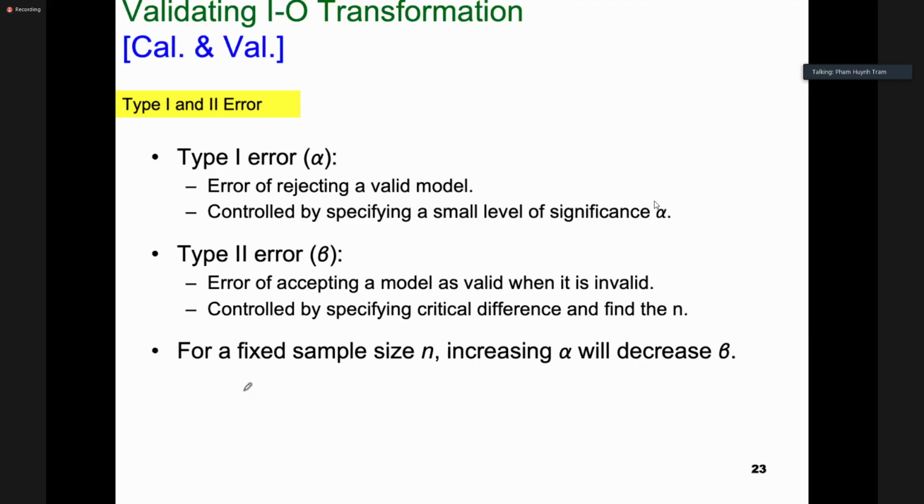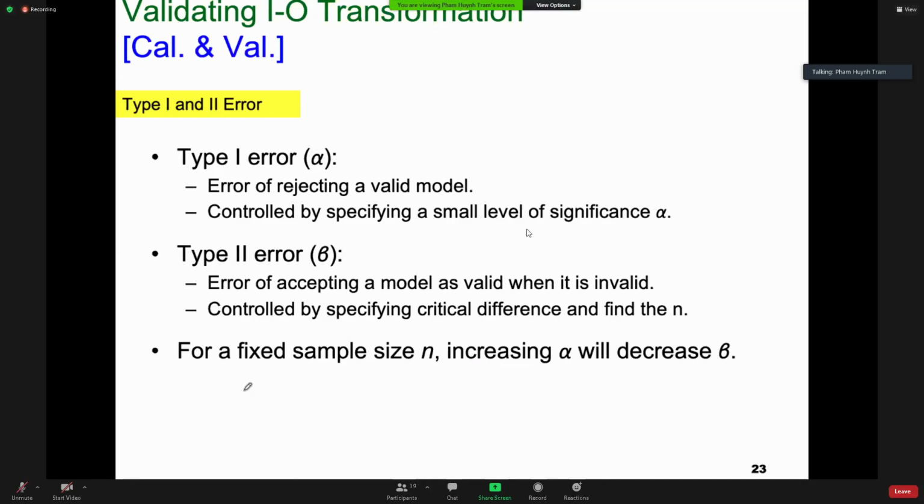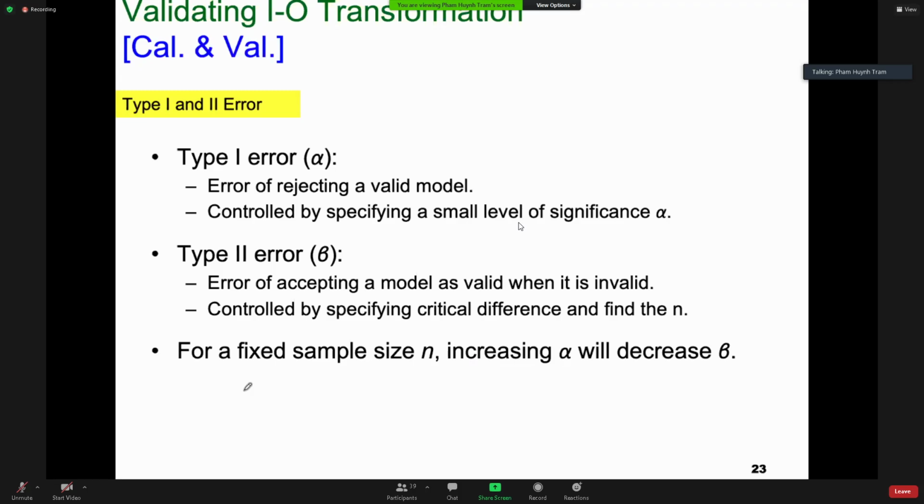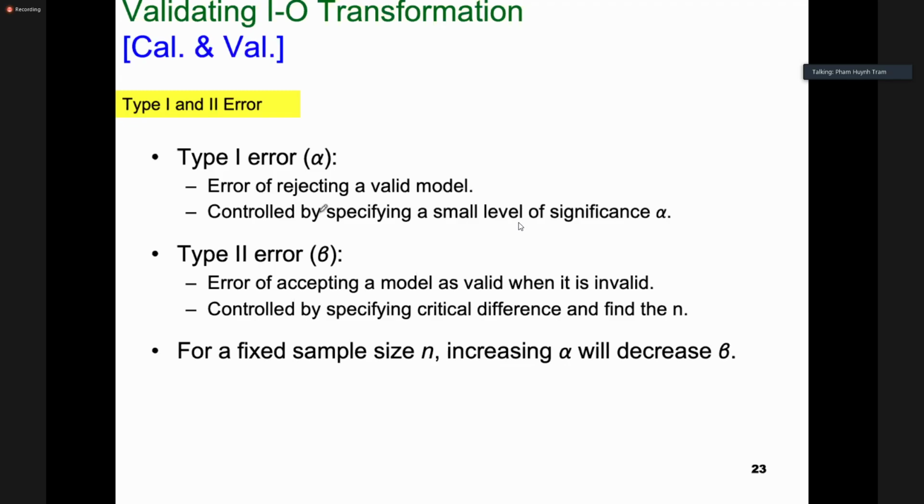Okay, now we will talk a little bit again about type 1 and type 2 error. This one I already repeated many times in class. For any hypothesis testing, we should be aware that there are always possible errors. We have two types of errors here, type 1 error and type 2 error. Type 1 error is related to the alpha probability, and type 2 error is related to the beta probability.